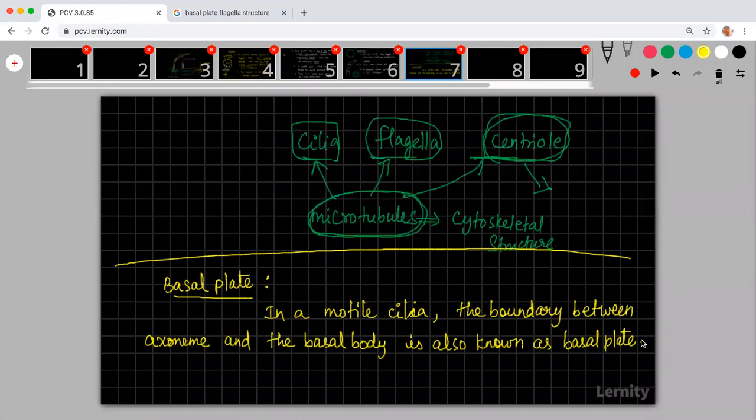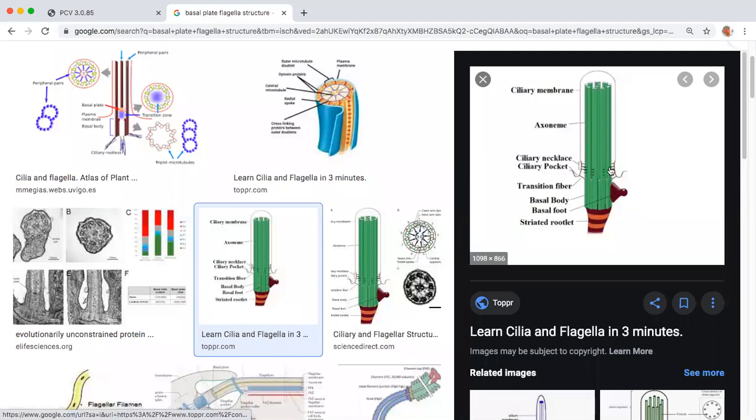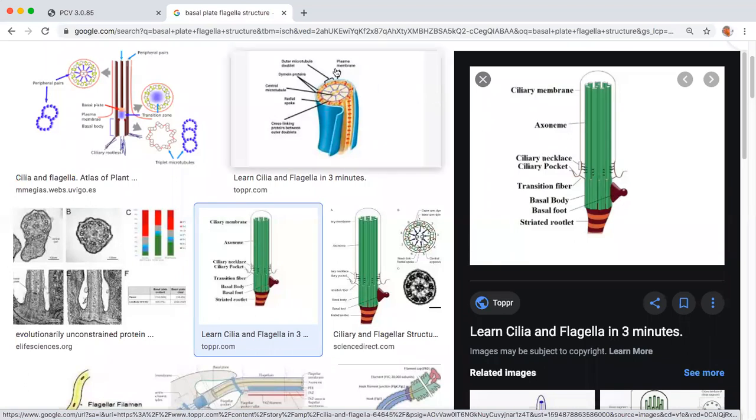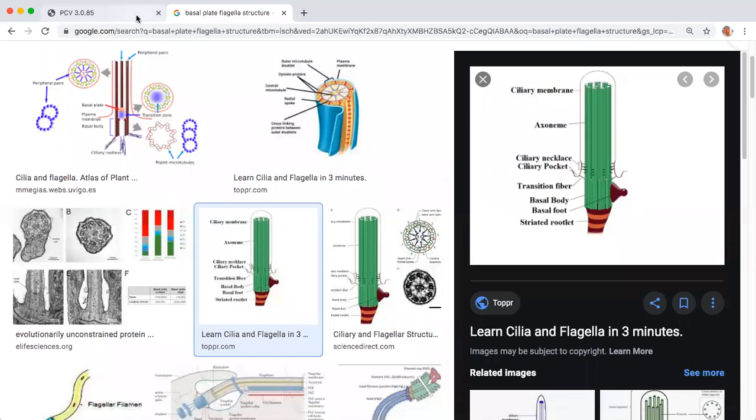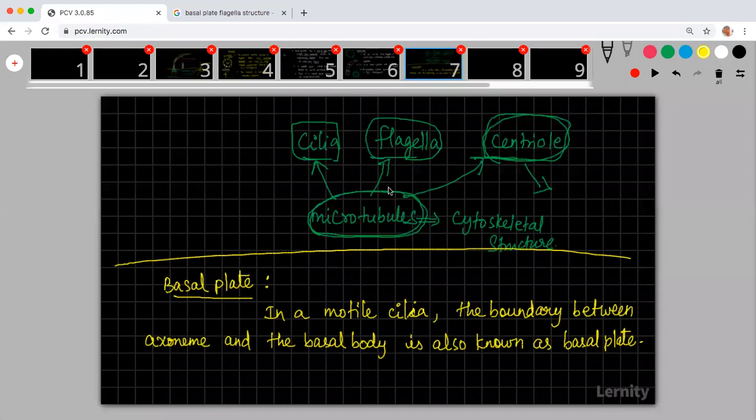Yes, cilia is motile only. So here you can see the structure. This is the area. This is the boundary. In that area, you will be able to see something called a basal foot. Okay, this is one thing.